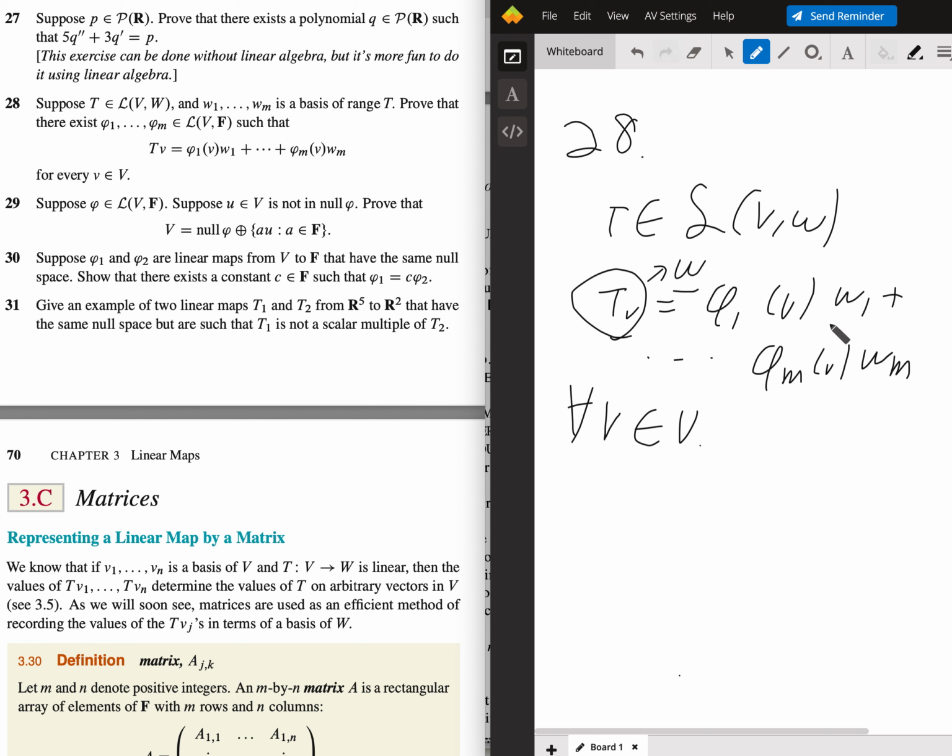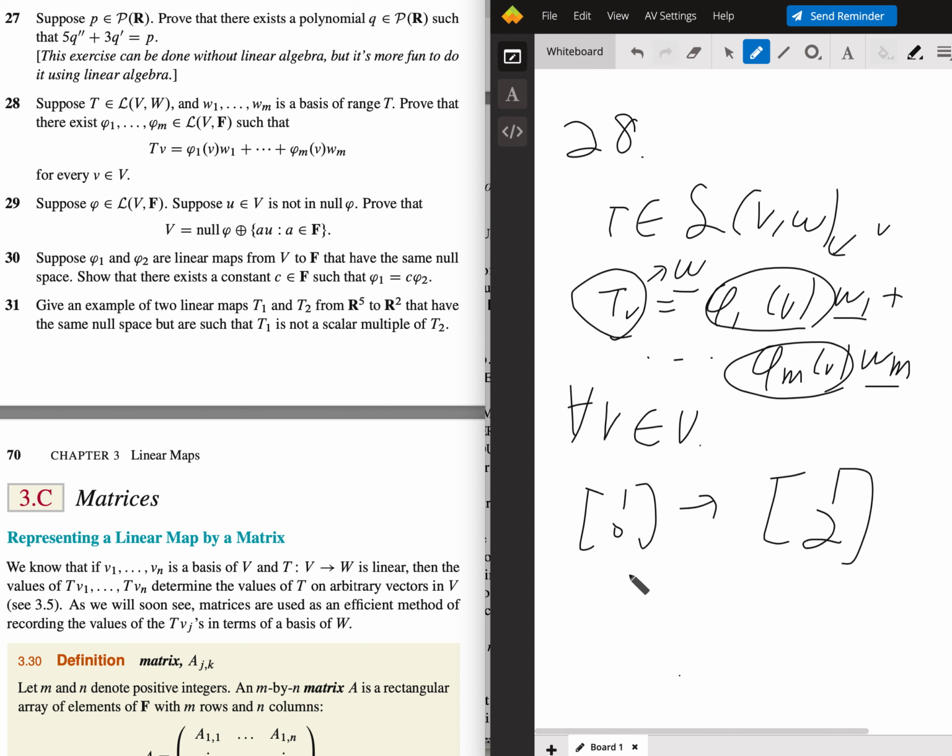Since W is a linear combination of these things, and these are just coefficients that you can tune for each specific V. As a concrete example, let's say you are mapping from (1, 0) to (1, 2). I'm not sure what kind of linear map would do this, maybe none, but here we just want to say that this is 1 times (1, 0) plus 2 times (0, 1).